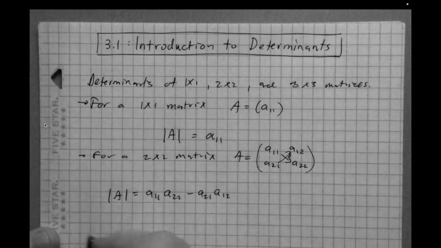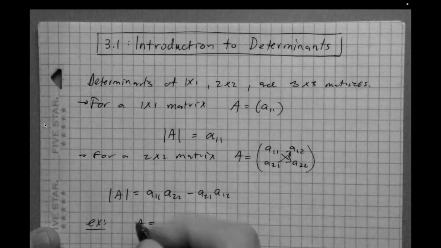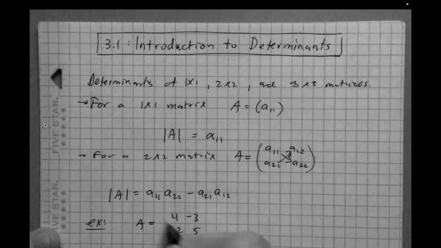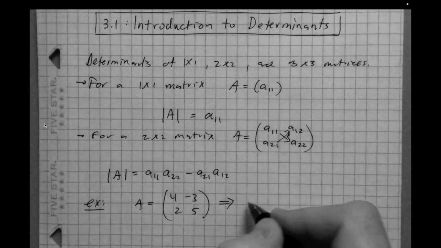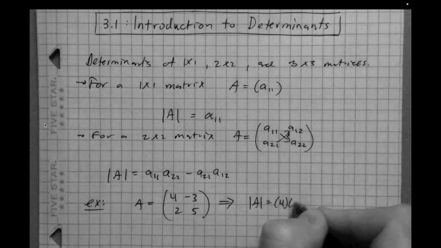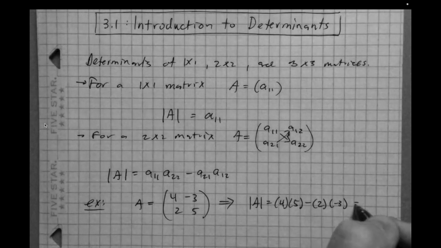Okay, so an example here would be, let's just say A is equal to 4, -3, 2, 5. Okay, so if that's your matrix, then the determinant of A is going to be 4 times 5 minus 2 times -3.